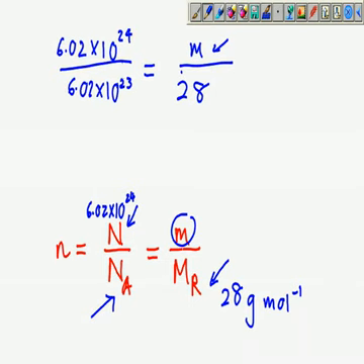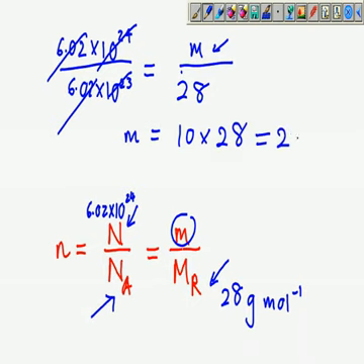Alright, so to get M, you can cut this off, you're left with 10. So 10 times 28, 280.